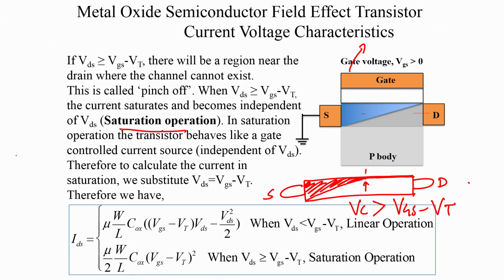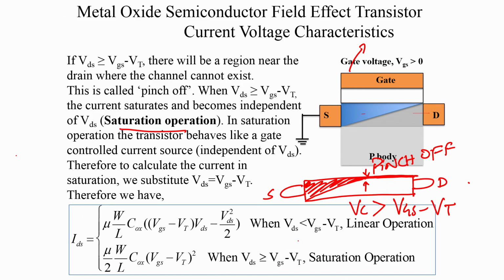All this is the pinch off point, and there are no electrons from here all the way till the drain. So, let us imagine this to be a large resistor between source and drain. What would the resistance look like?